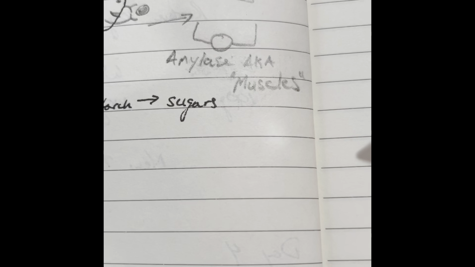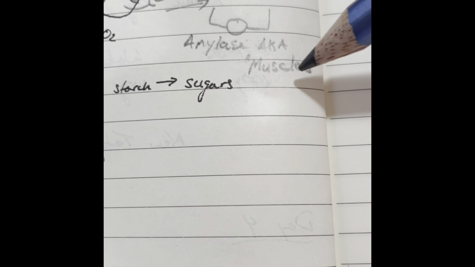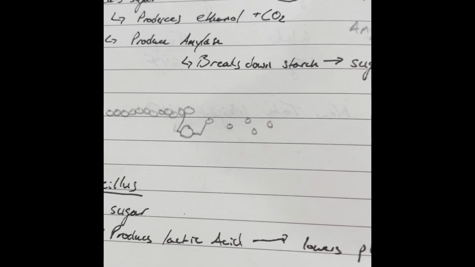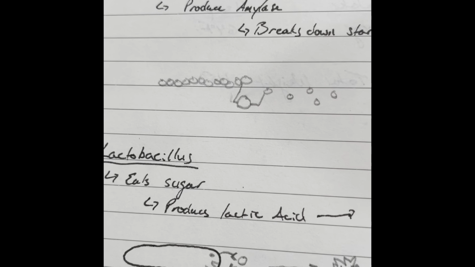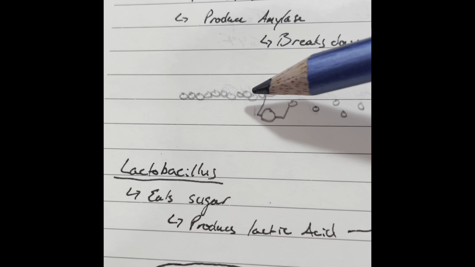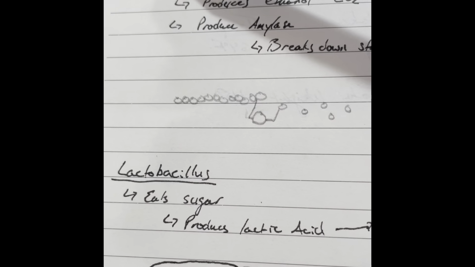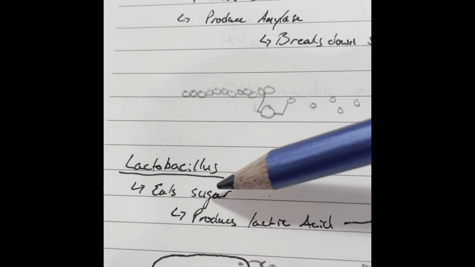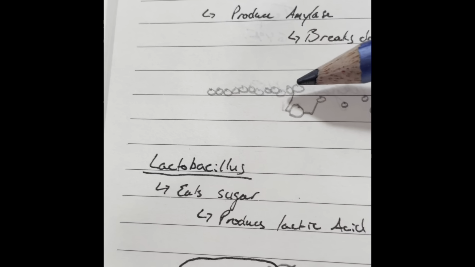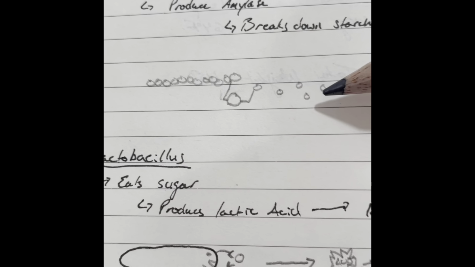So what is amylase? I like to call it Mr. Muscles. It's an enzyme. What is an enzyme? An enzyme is something that can make something else happen, what we call a catalyst. It makes the process happen. Like I told you, we have these long chains of sugars, and the yeast and the bacteria can't just go up to this chain and start nibbling anywhere. It has to be taken apart into individual sugars.